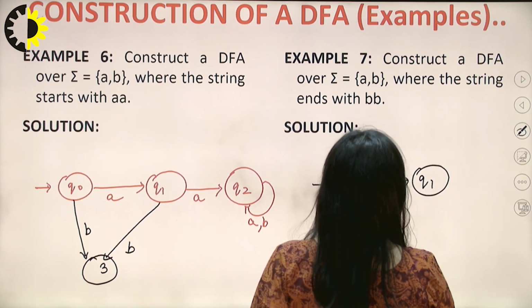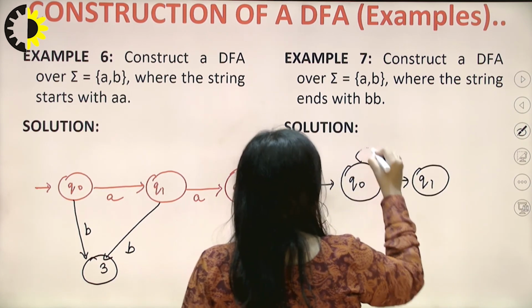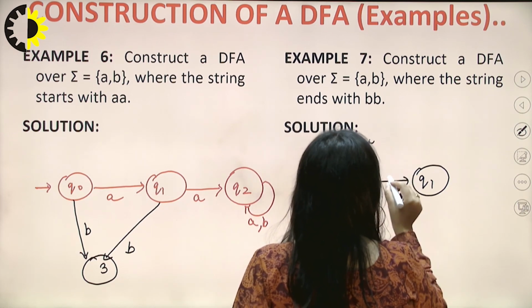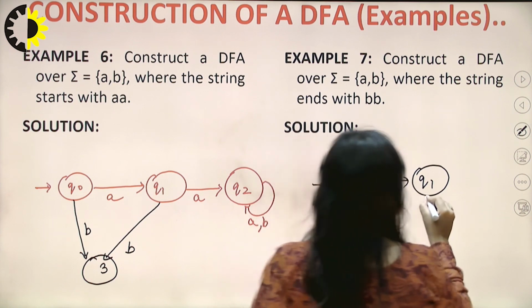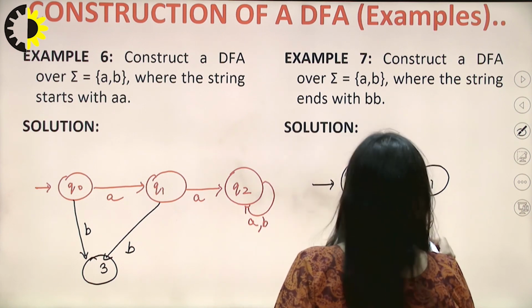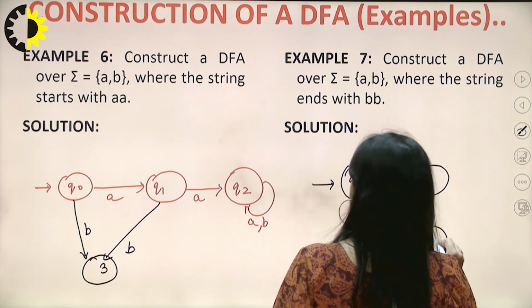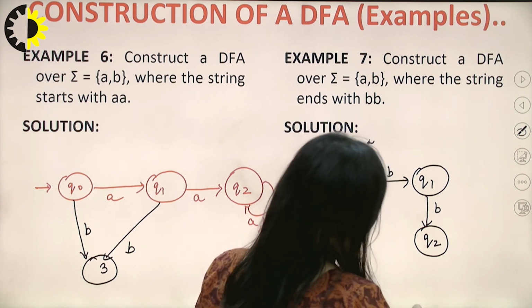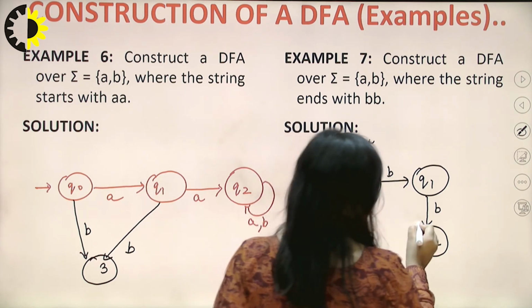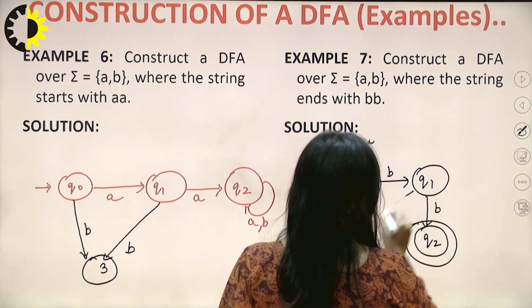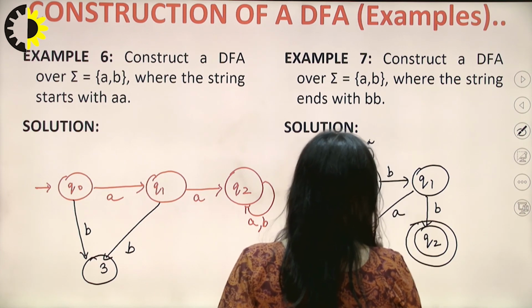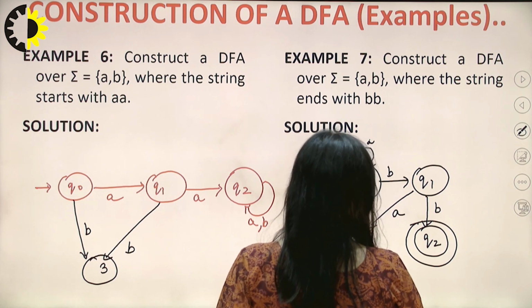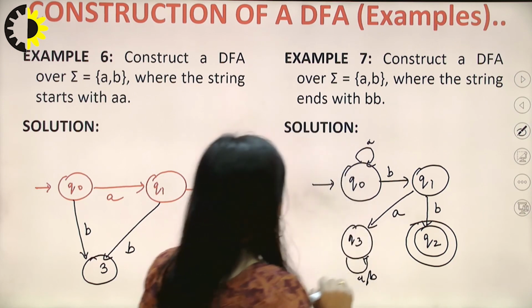So I take it as A and B. Okay, and this has to be the final state, and this can be the trap state that has A comma B with it, and we are having this way.